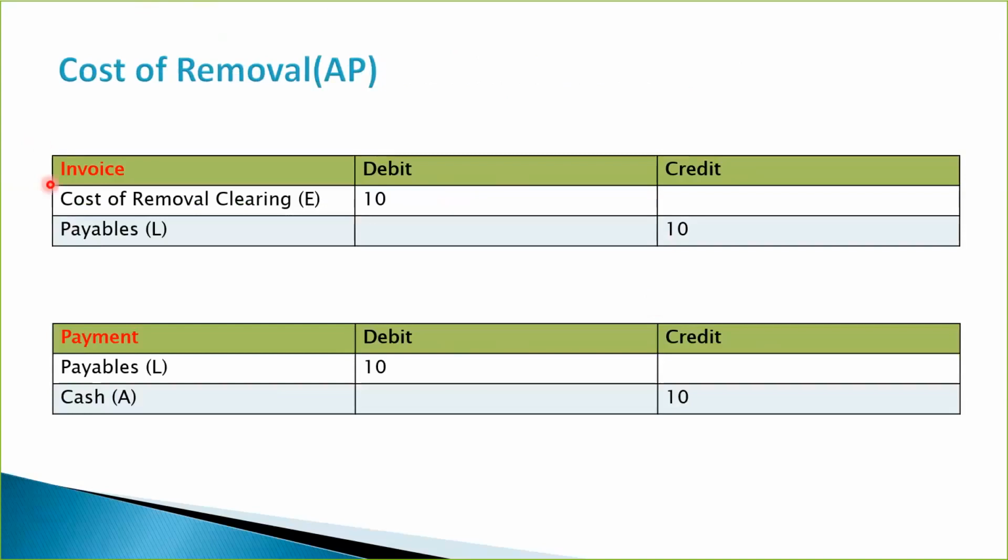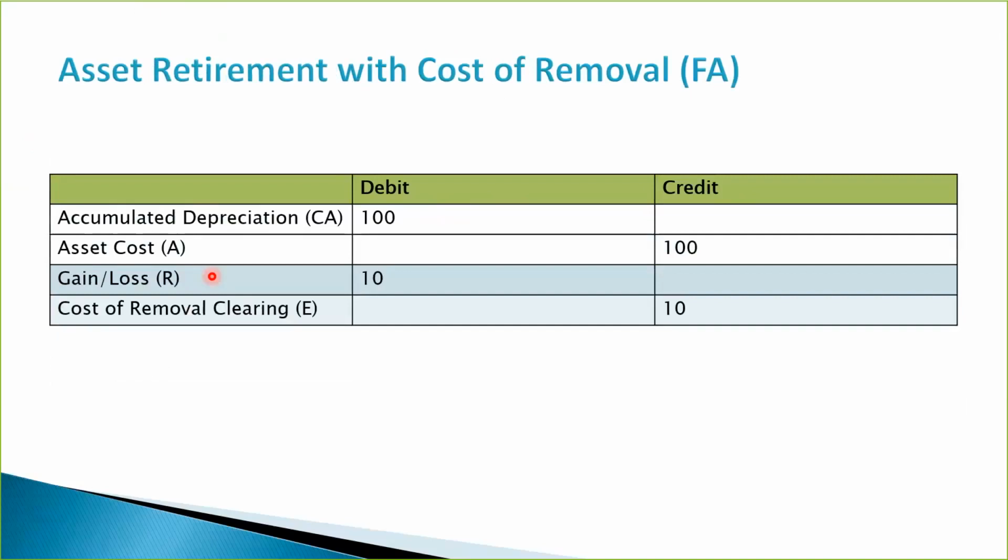We need to have an invoice showing this, where the distribution account is the cost of removal clearing account. When we go to FA and retire the asset and create accounting, this is what we will get.